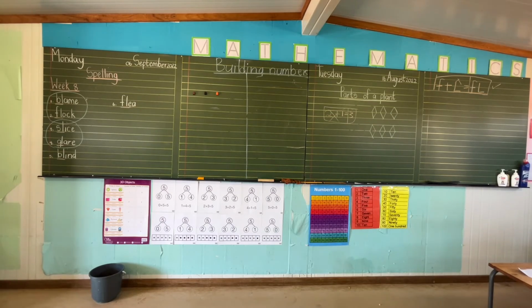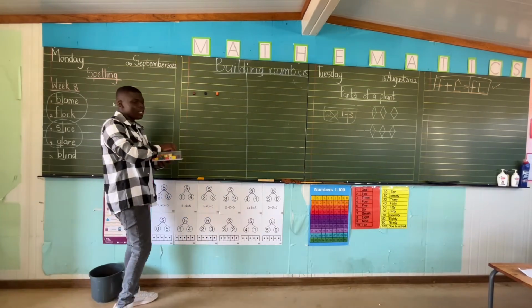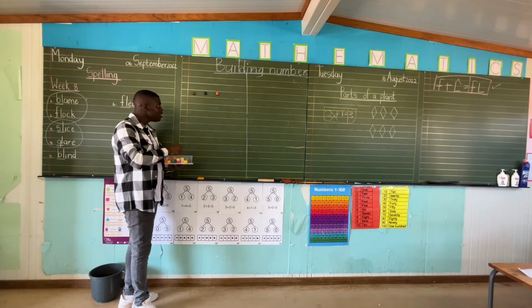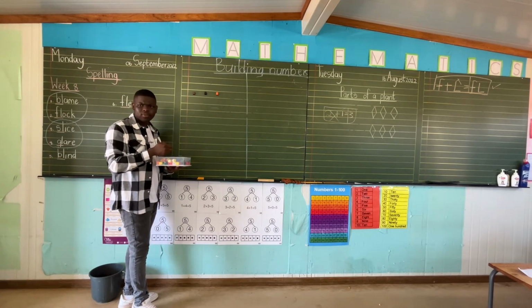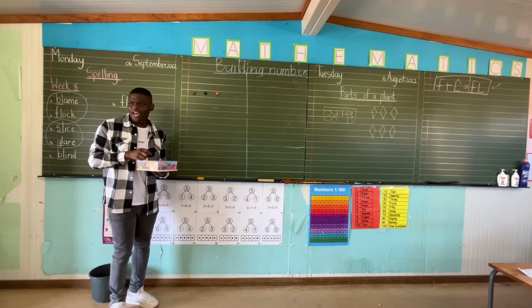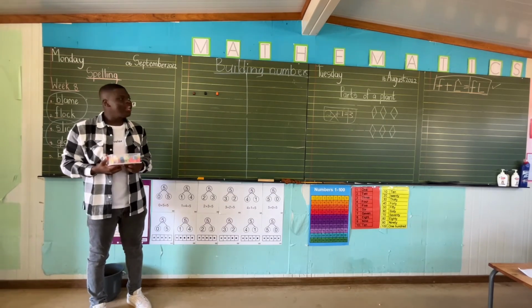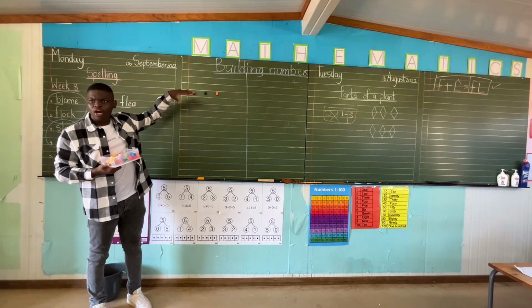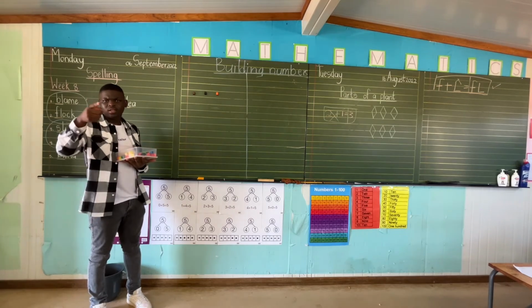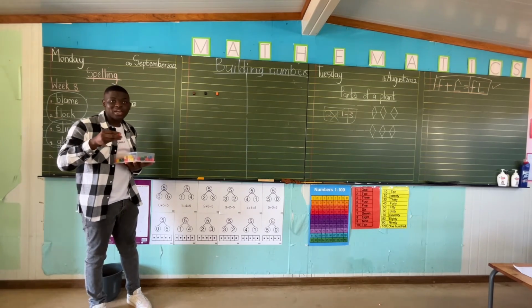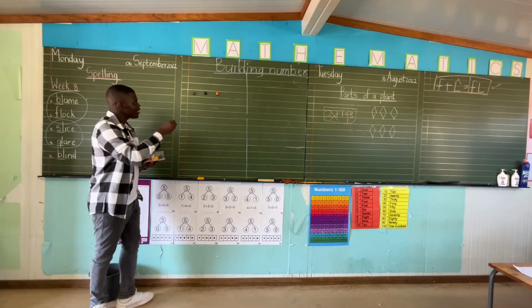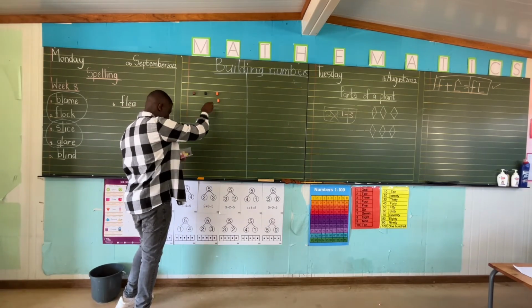Yes, let us continue. Let's say we have 3 blocks, ne? How many can we add if we are adding the same number of blocks? We need to add another 3, ne? So let's add them. 1.